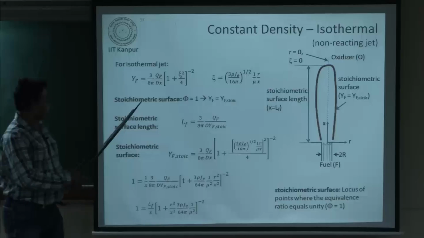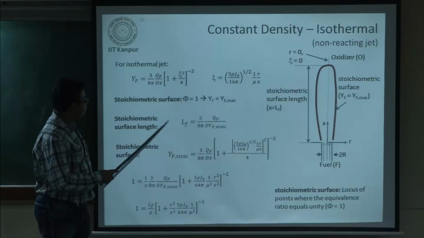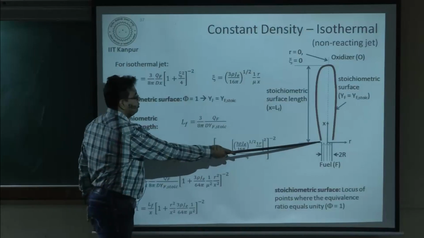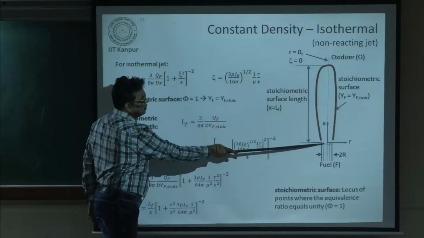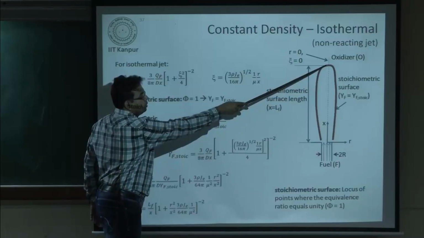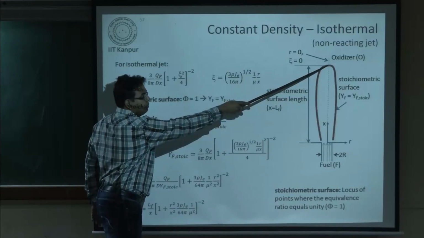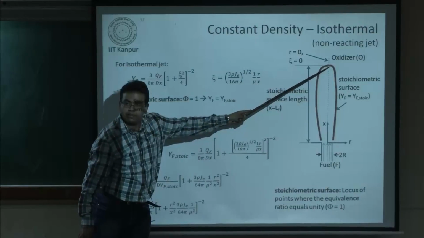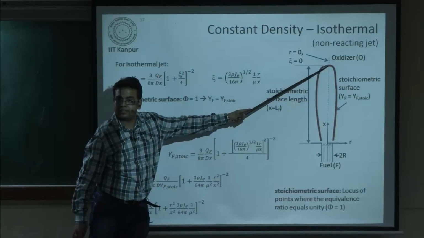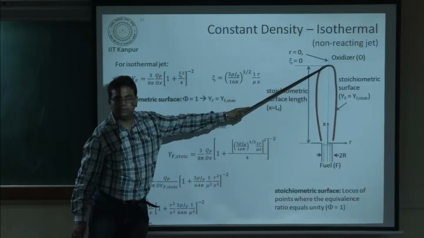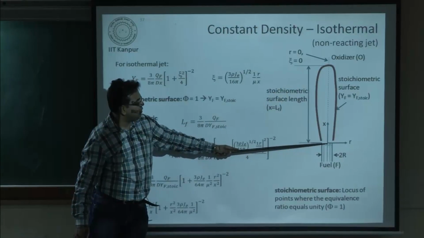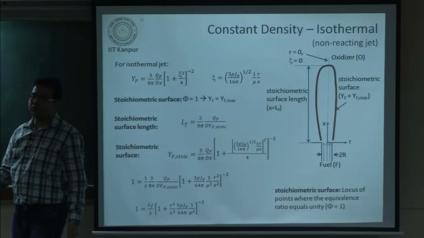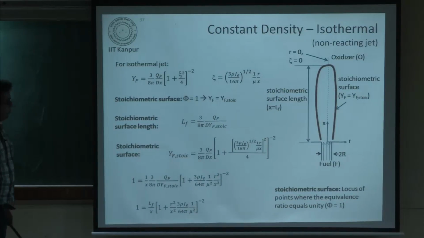So, I will substitute this x by this length Lf. Lf is the distance from the exit of the nozzle to the point where the fuel concentration becomes the stoichiometric fuel concentration at the center line.